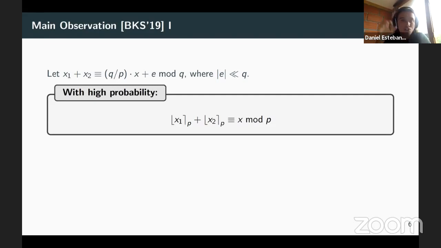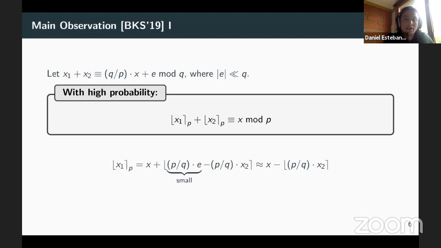If you have that, and if each party, Alice and Bob, rounds their share locally towards P, so that's what the equation is saying, x1 rounded to P and x2 rounded to P, and you add these two shares together, you actually end up with shares of X. The reason why this holds, again, I don't want you to focus too much on this equation, but the idea is that if you round x1 to P, then again X is going to go out of the rounding because it becomes an integer, and then you get this other noisy term, which is P divided by Q times E minus the actual share that the other party is supposed to hold.